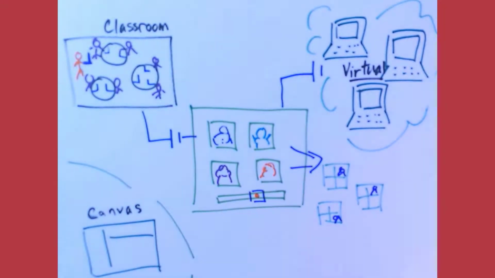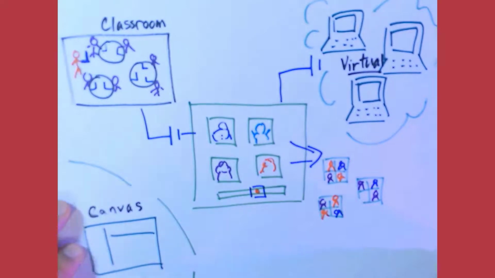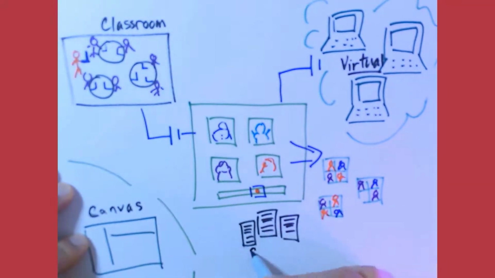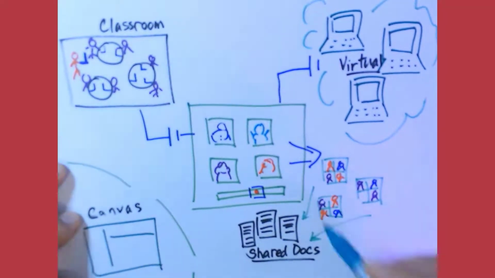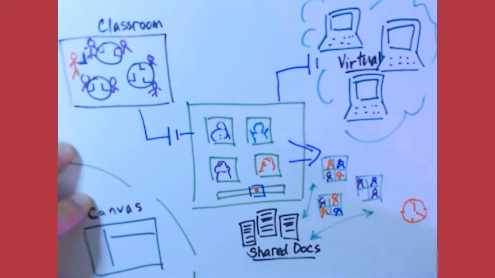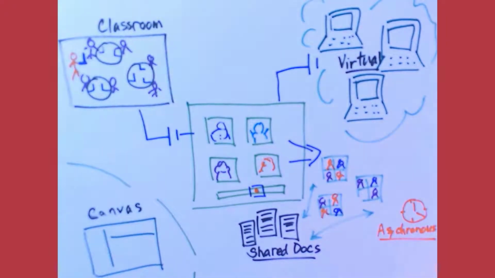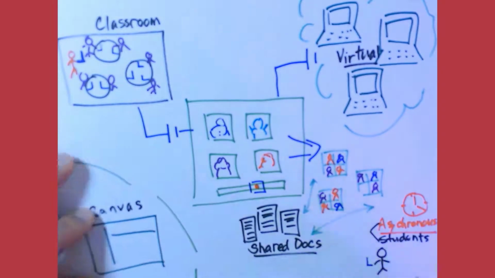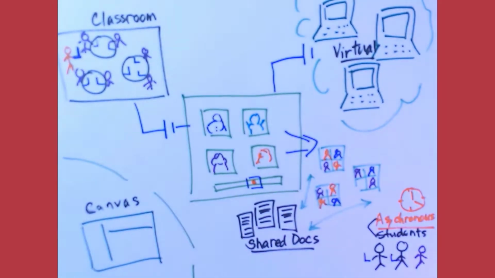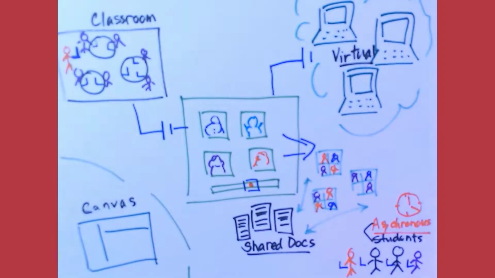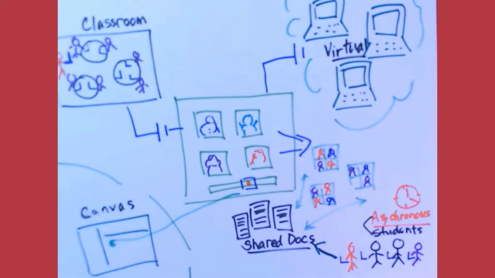They may break into a breakout room where they share documents or share the platform, such as Office 365. And then there are asynchronous students joining after. Of course, they will be watching the recorded video of the meeting, so they know exactly what happened, and they access the shared document.